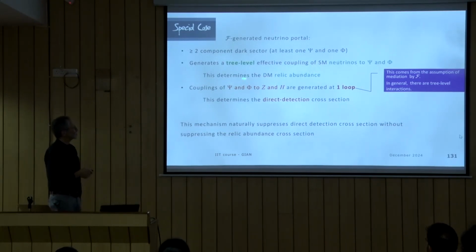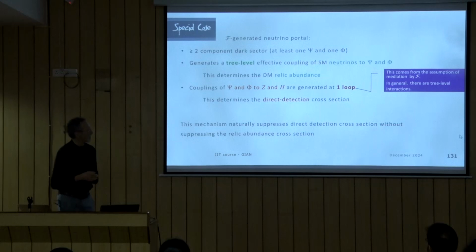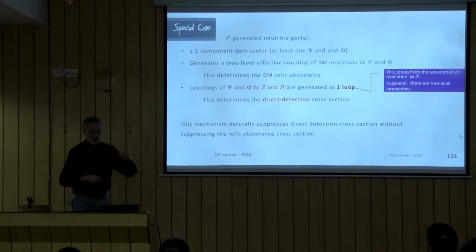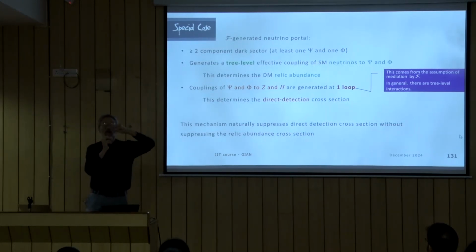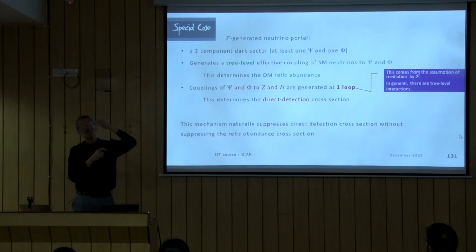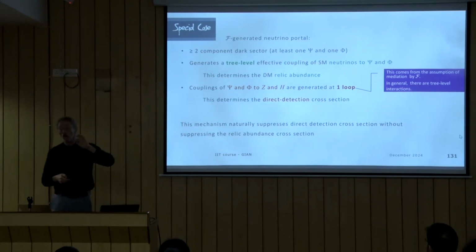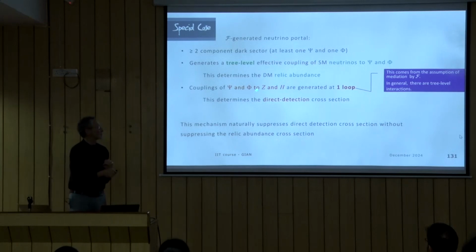The point of this is that the interaction that determines the direct detection of dark matter involves dark matter scattering off a nucleus. And this is achieved in this model only through the mediation of a Z or a Higgs in the t channel.